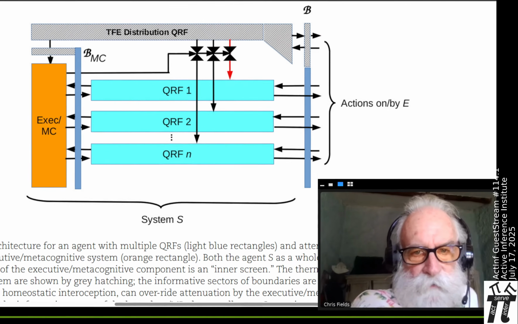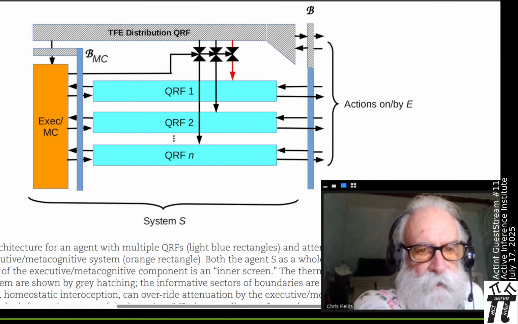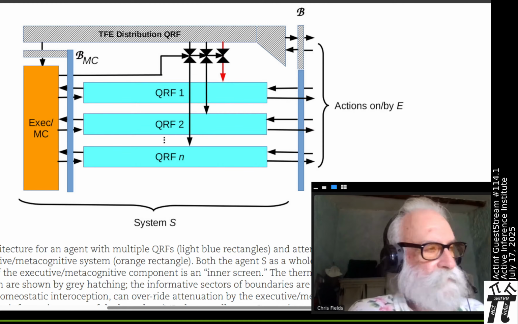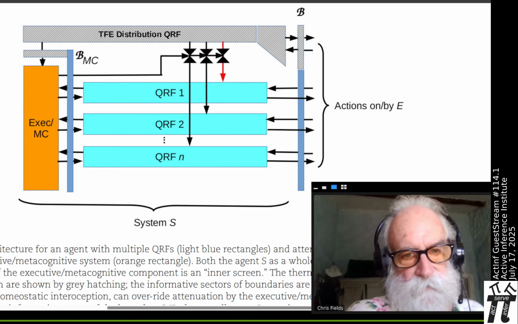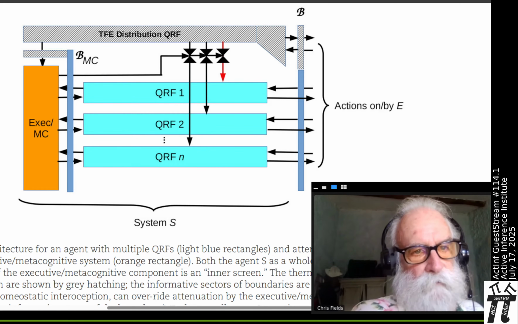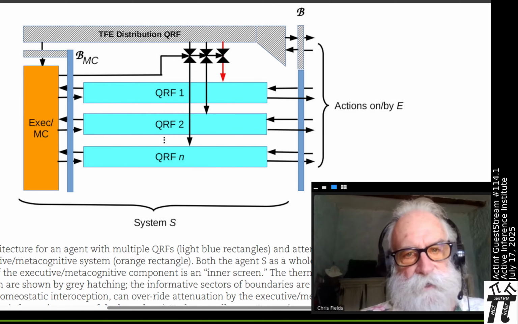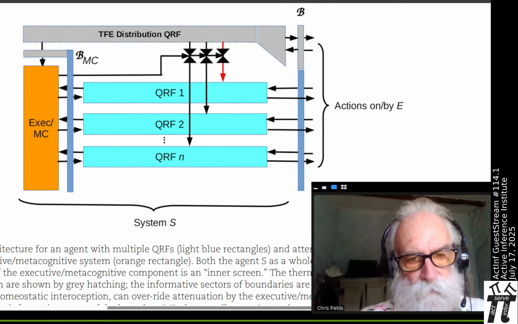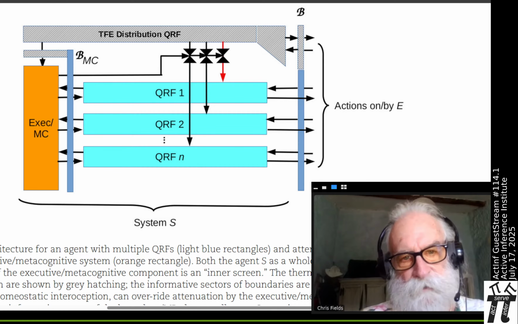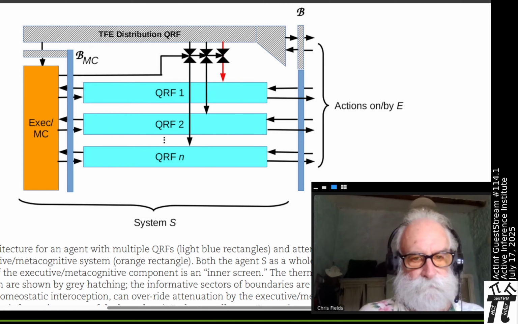What controls these loops, specifically by allocating attention to them, and we think of attention in the simplest possible way as allocating energy to allow things to actually function, is some sort of executive system, which is a meta controller or a meta processor in software architecture language.